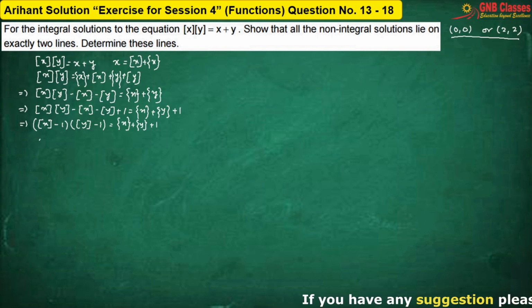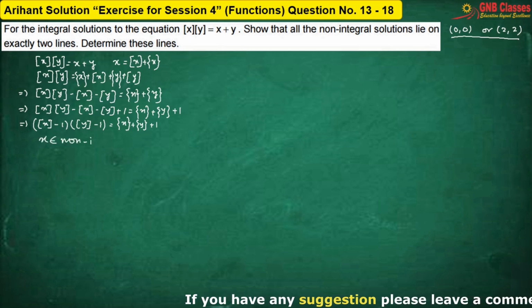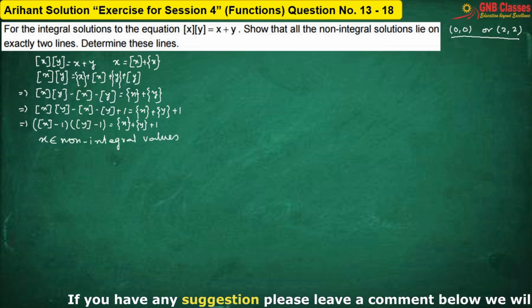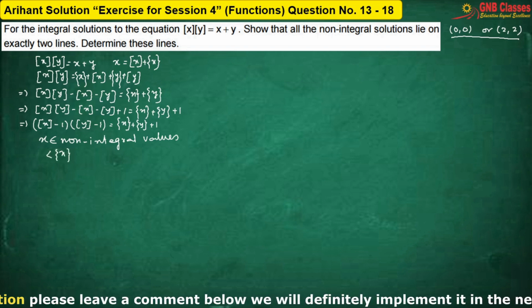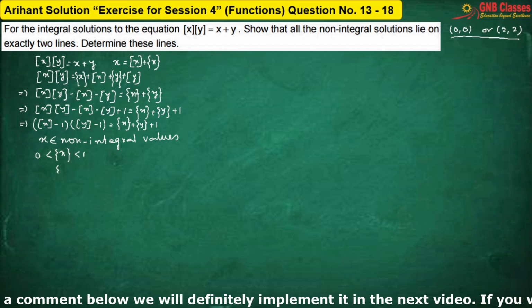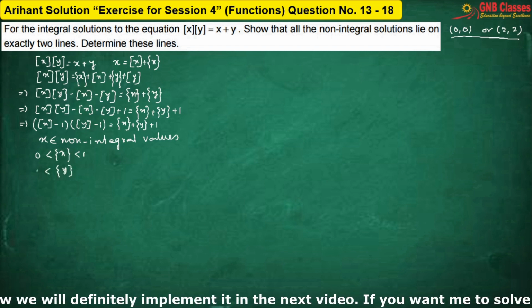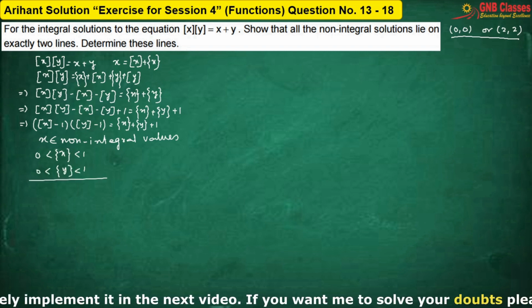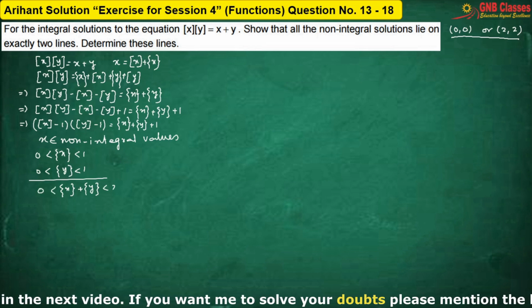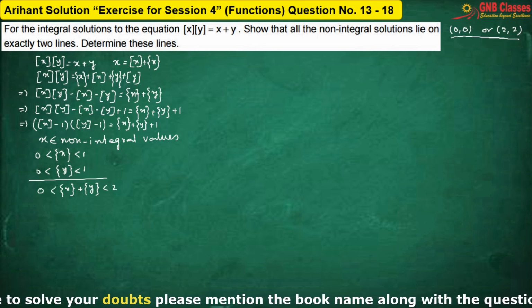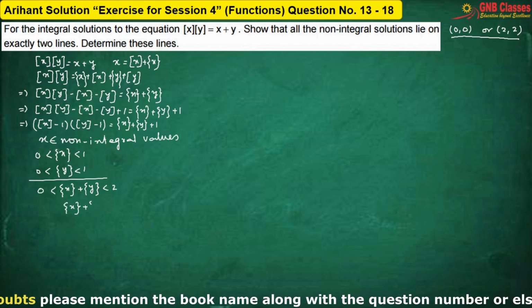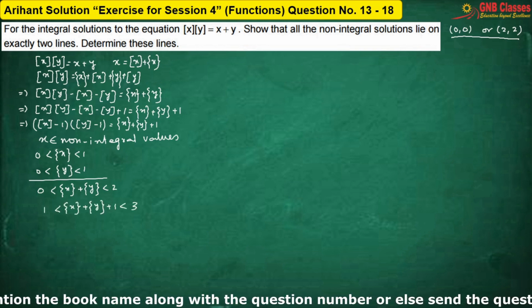Now x belongs to non-integral values. In that case, the fractional part of x will lie between 0 and 1, and the fractional part of y will lie between 0 and 1. Therefore, the fractional part of x plus the fractional part of y will lie between 0 and 2. Thus, is it clear?